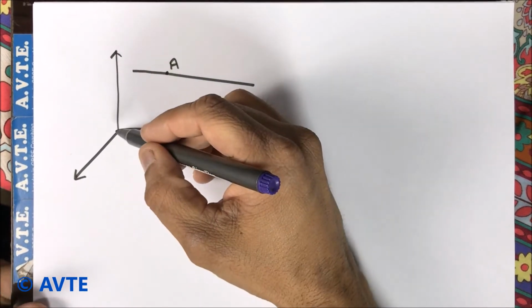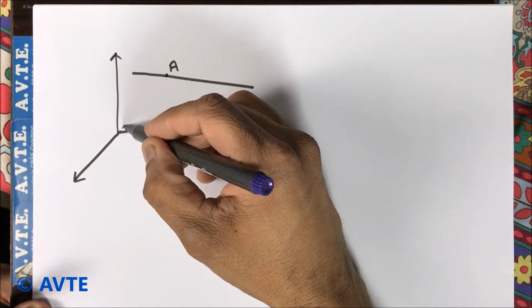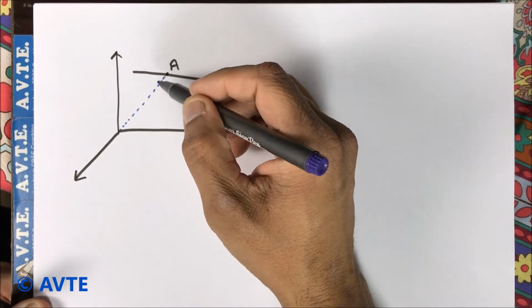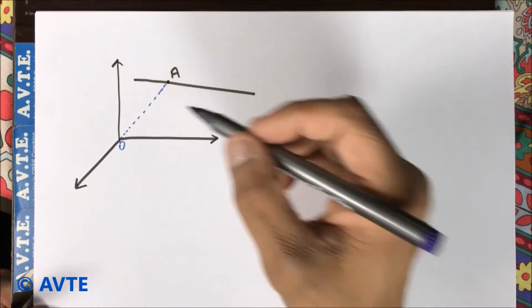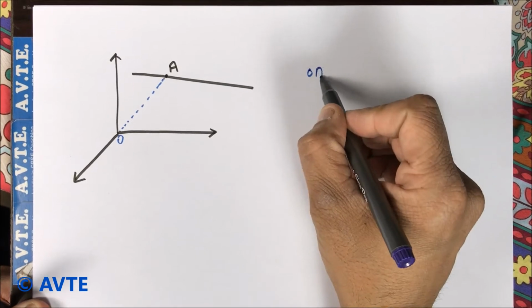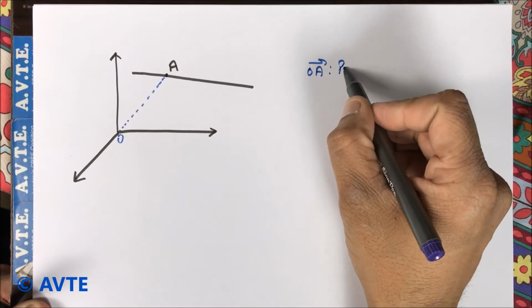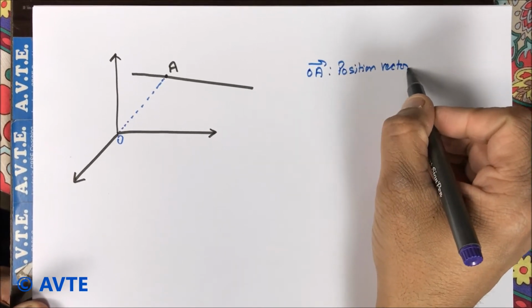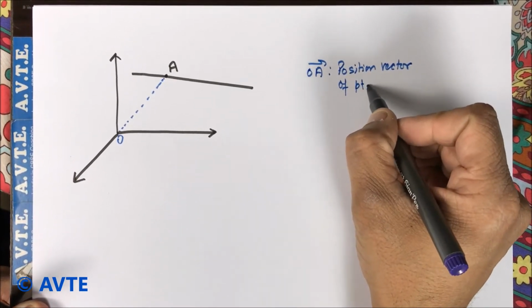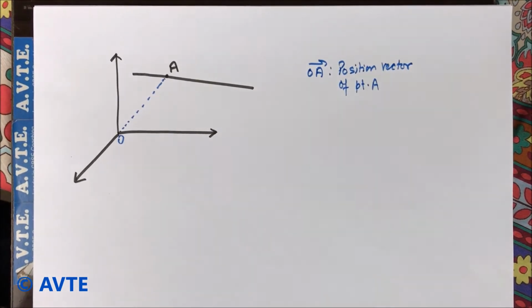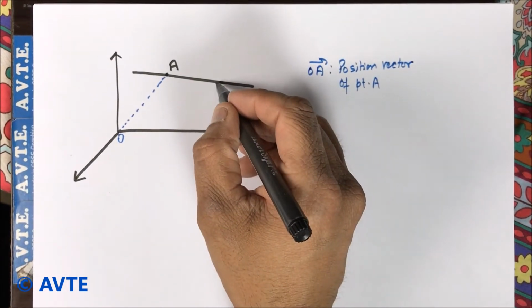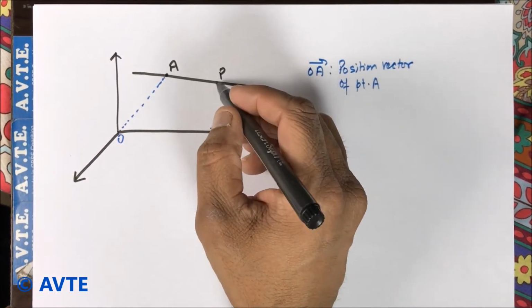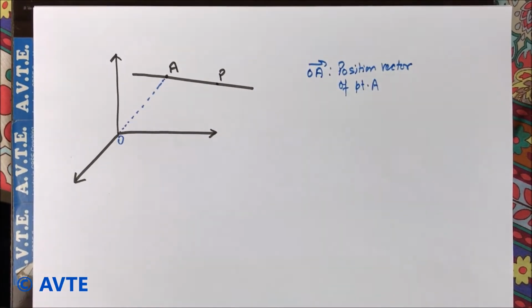If I have to convert this into a vector equation, then there has to be a position vector assigned to it. So I take OA to be the position vector of point A through which the line is passing. Then to create the locus, there is a current point or a moving point, or we call it a principal point.